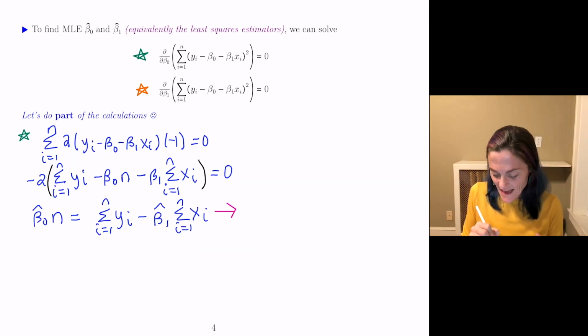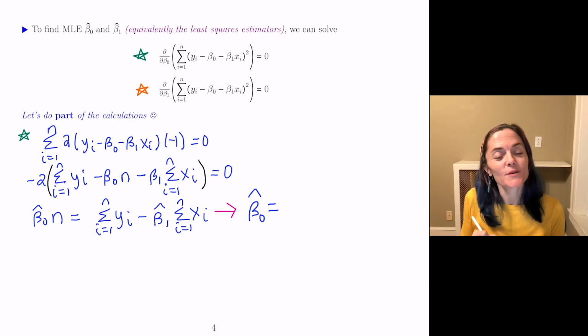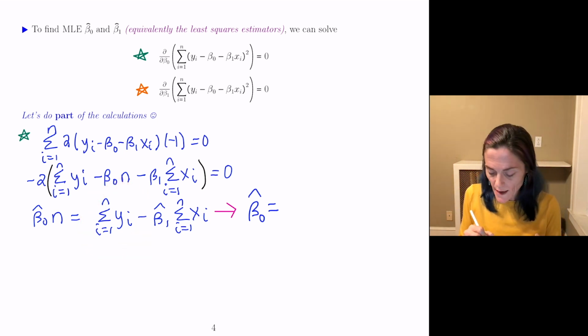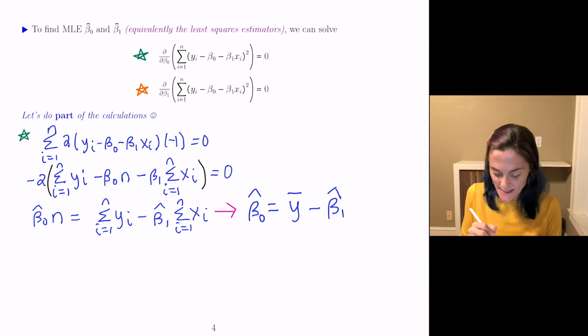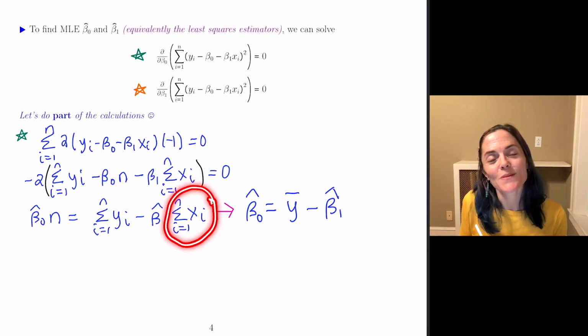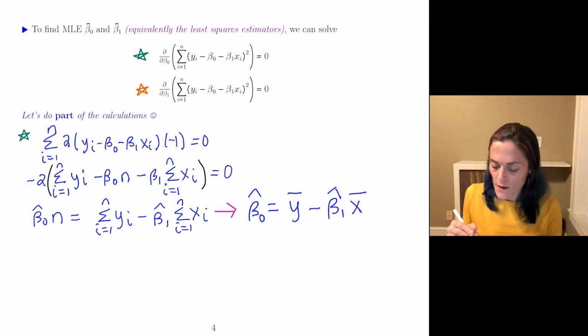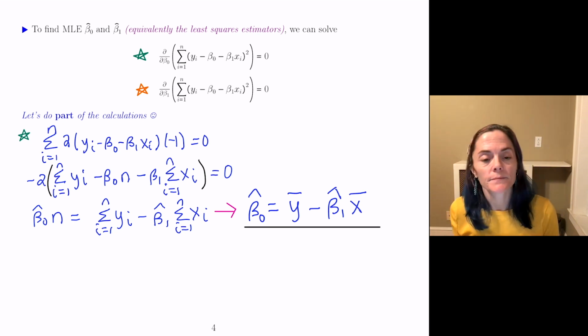We get that beta 0 hat will be, well, when you divide this by n, the sum of yi's over n, this is our sample mean of the y's. So we have y bar minus beta 1 hat times, now divide this by n. This will be the sample mean of the x's. Okay, so we have solved for beta 0.